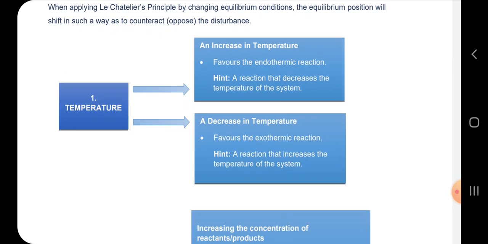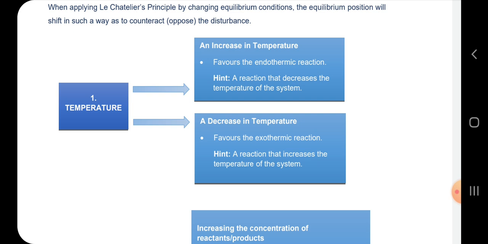So this reaction is in equilibrium and we are trying to increase the temperature or decrease the temperature, right? So when you're trying to increase the temperature of a reaction that is in equilibrium, the endothermic reaction will be favored. So remember that when you increase temperature, endothermic reactions are favored.